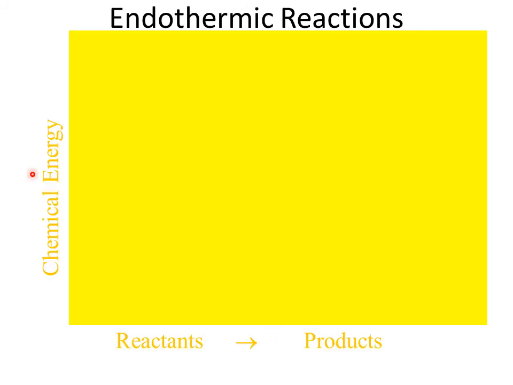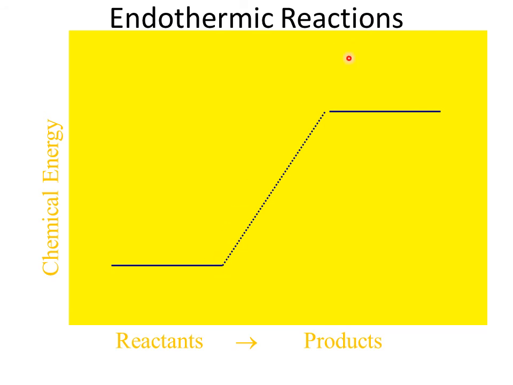All right, so same kind of graph we've got here, our chemical energy on the y-axis, and our reactants and products on the x-axis. What exactly happens? Well, we've got our reactants to start with, and they have less energy in the bonds than our products do.